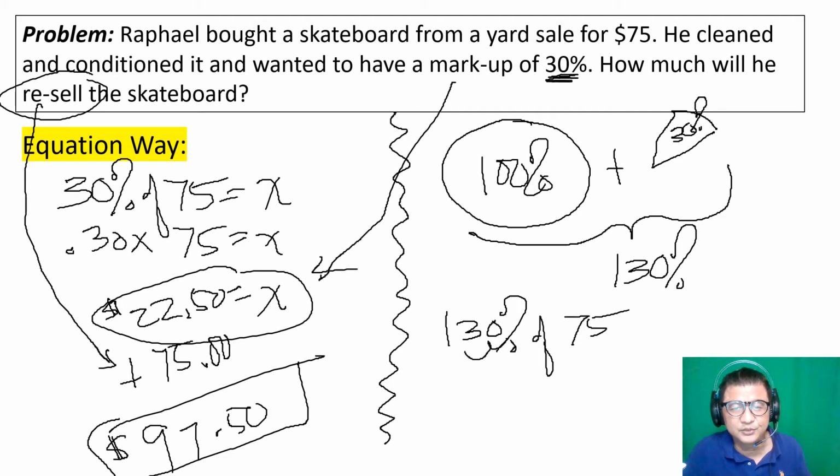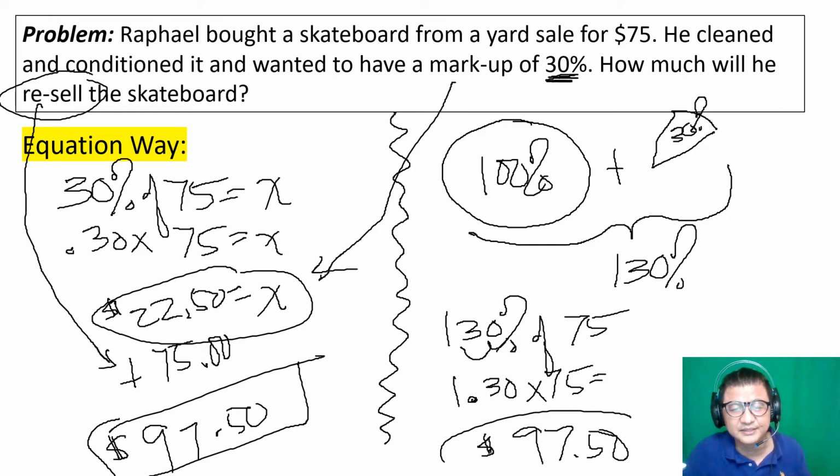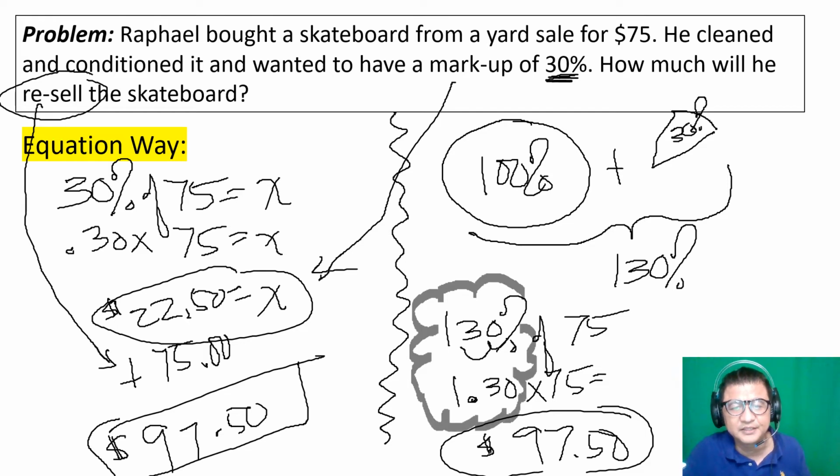That becomes 1.30 times 75, and you will get 97.50. Same answer, right? So remember, this is the important thing, instead of just using 30%, you could use the 130%, or simply multiply it by 1.3. That is including the markup from the original price.